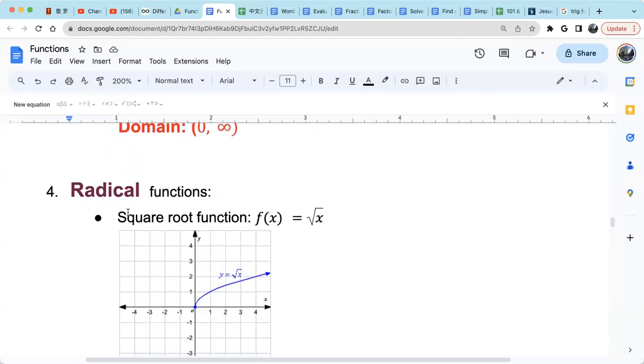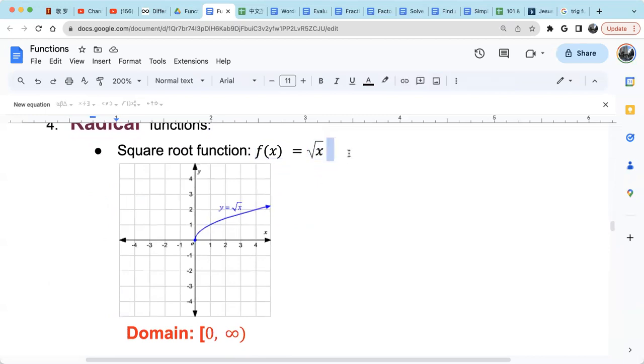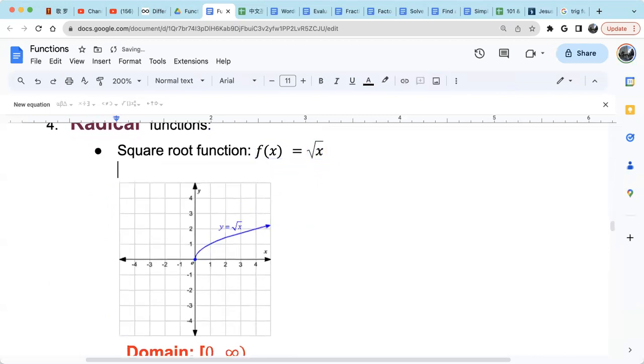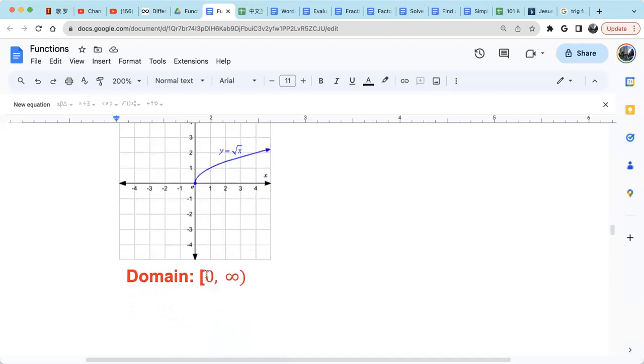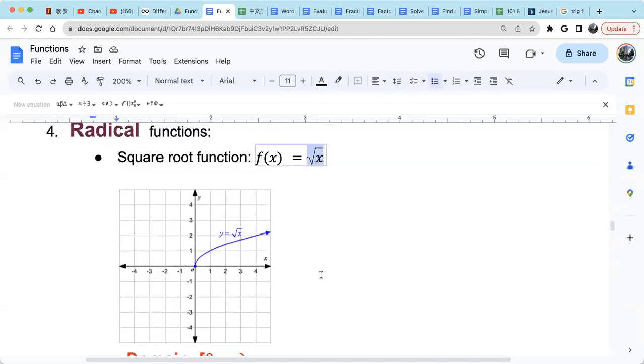The fourth kind is in a radical form. We see this one, square root of x. The graph looks like this. It starts from 0, then gradually goes up. The domain goes from 0 to infinity, including 0, because square root of 0 is just 0.